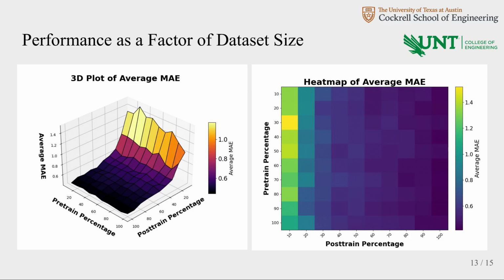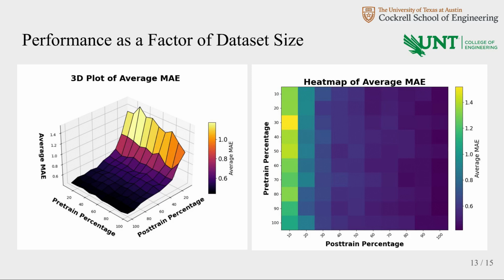In total, there's only about 1,200 elements in that list. Obviously, as we add in more training elements, the performance gets better. Having only 120 training elements is very bad, while having 100%, so 1,200 training elements, is very good. So that's a linear relationship. The more data we add, the better our results are.